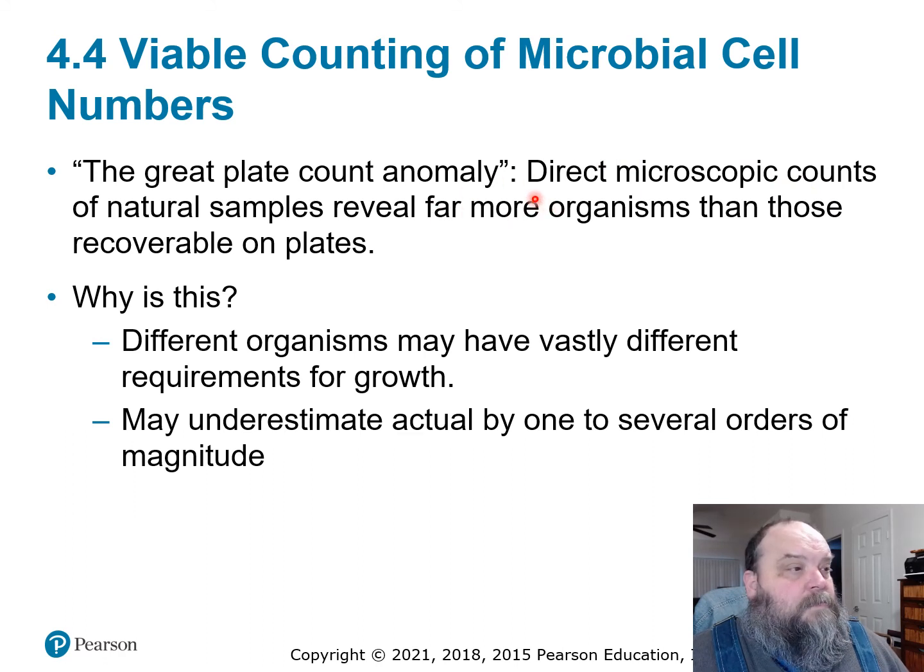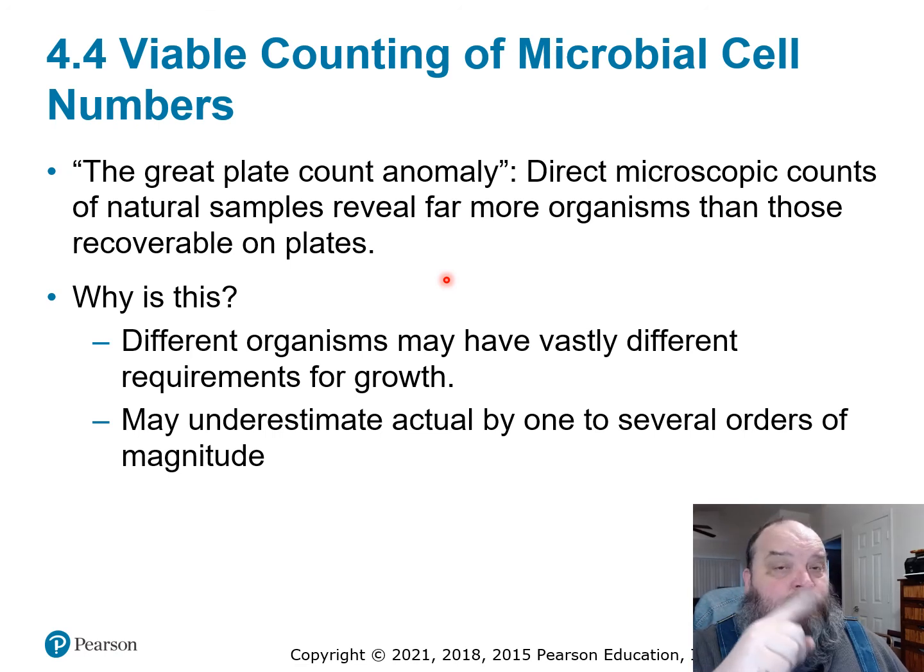So the problem becomes, like I said, this direct count of samples versus what's on plates. The direct count tells you how many cells are there, just not how many were living. Okay, so that's a drawback for the direct counts.